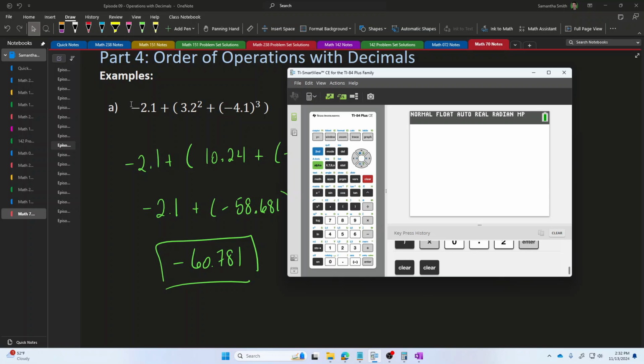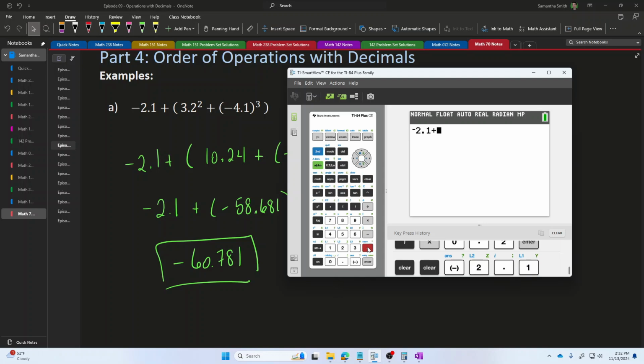If I want to start typing this expression, this minus attached to the 2.1 with nothing in front of it is saying take 2.1 and make it negative. So I'm going to use the make it negative symbol and then type 2.1 after that.